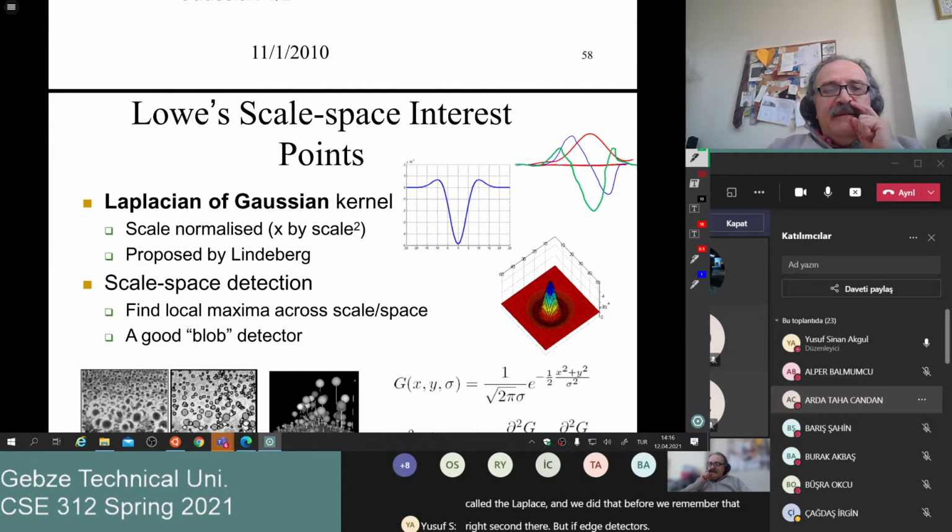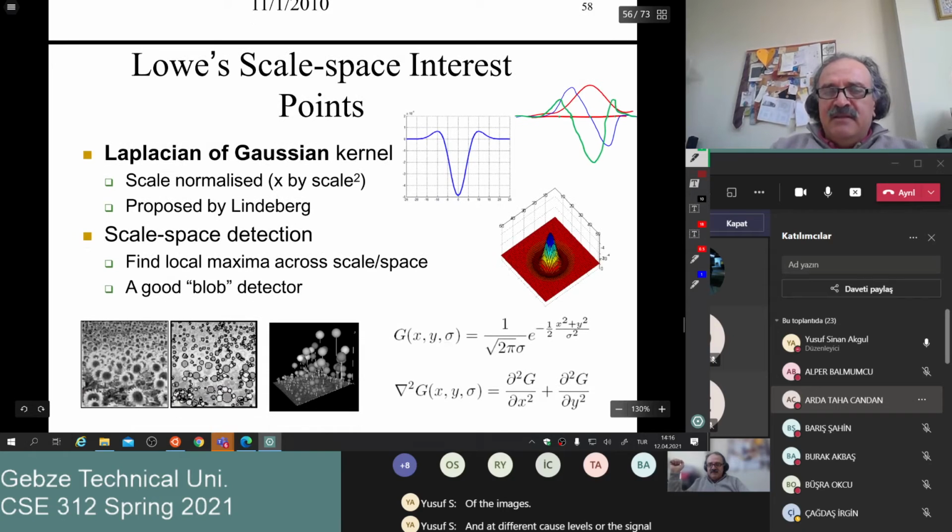So this guy says to take the Gaussians of the images at different Gauss levels or sigma levels, and take their second derivatives. That's a good blob detector, they say.